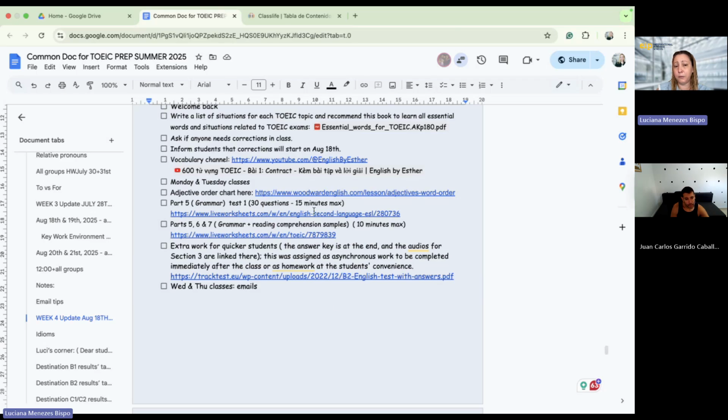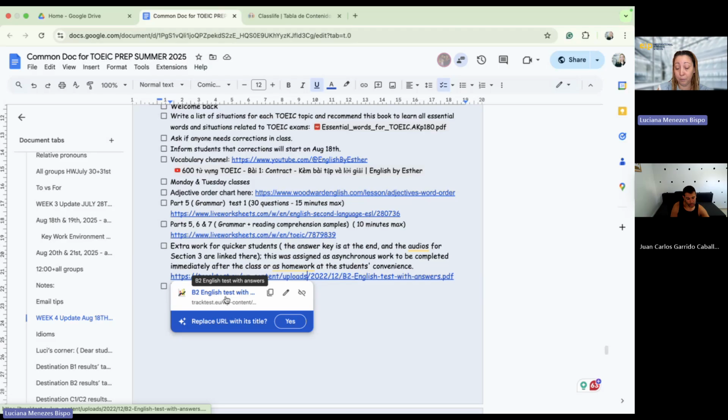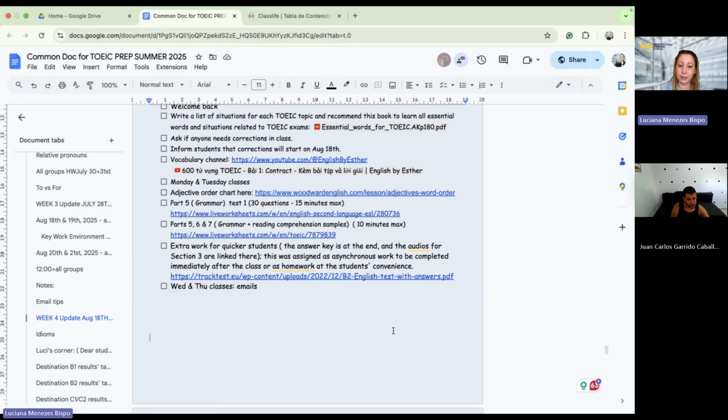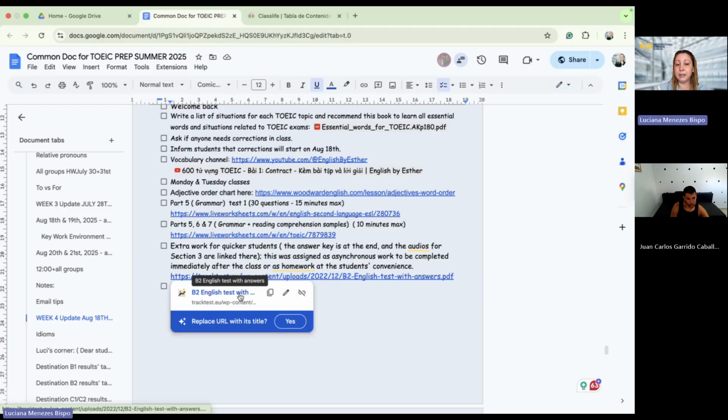If the students finished before time, the 15 minutes and the 10 minutes provided, they had extra work provided in here. And this is also meant to be asynchronous homework. This is a B2 test in which if you get 65% or more, you would be granted the B2 level according to the Common European Framework.